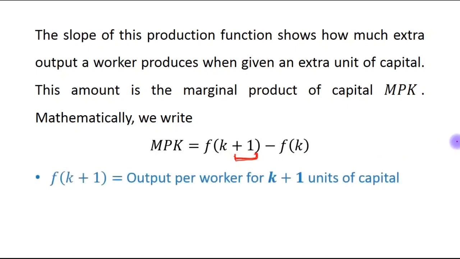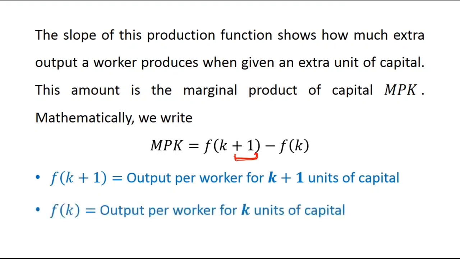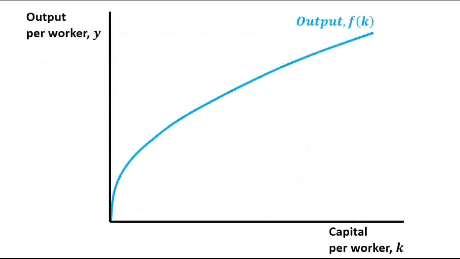We can define f(k+1) as output per worker for k+1 units of capital, where f(k) is output per worker for k units of capital. So if a worker is given an extra unit of capital, then the increase in output per worker is denoted by MPK, marginal product of capital.